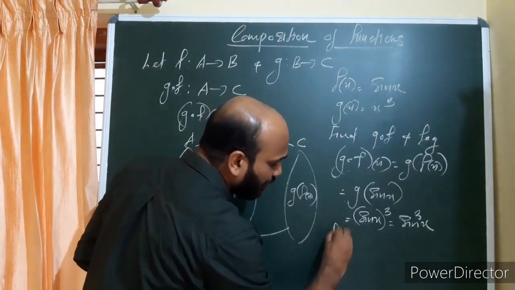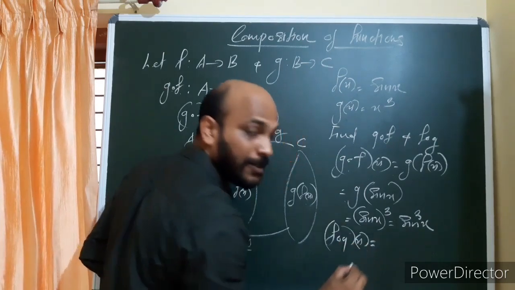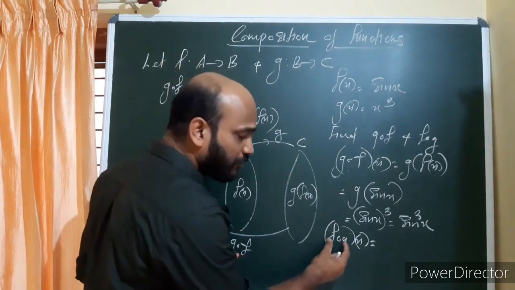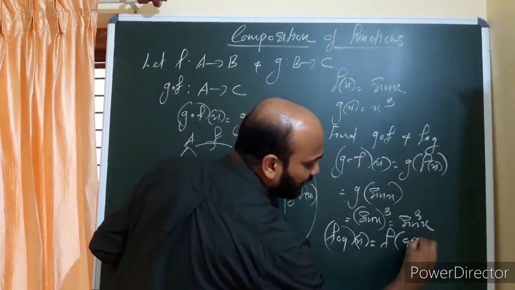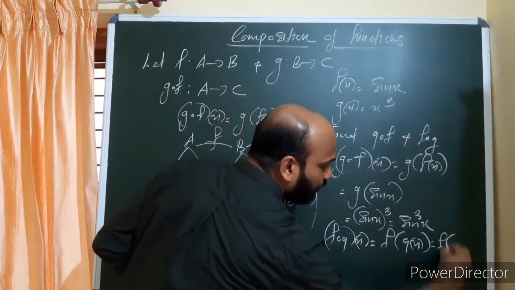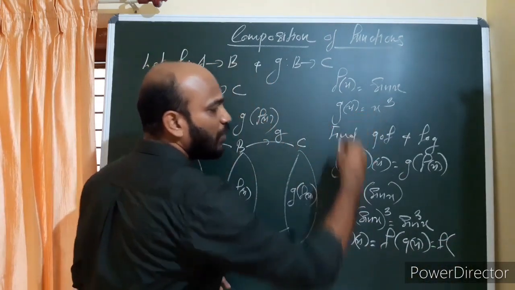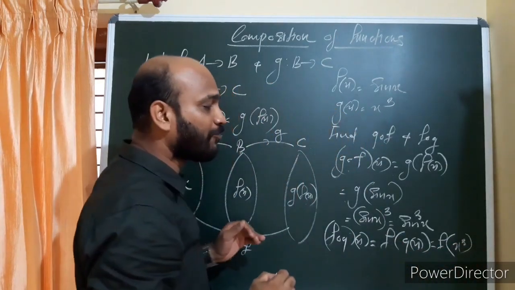Now you have to find f∘g, means f(g(x)) you have to find. The same way, (f∘g)(x) is equal to f(g(x)). That is its definition. So first we'll find f of, what is g(x)? g(x) equals x cube. So now we want to find f(x cube).